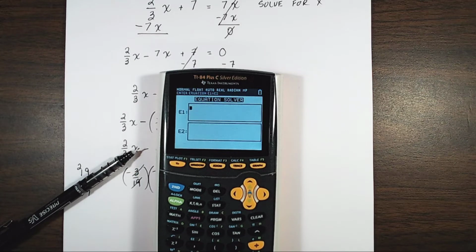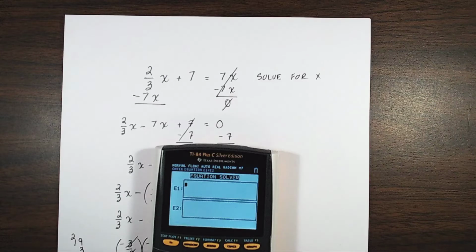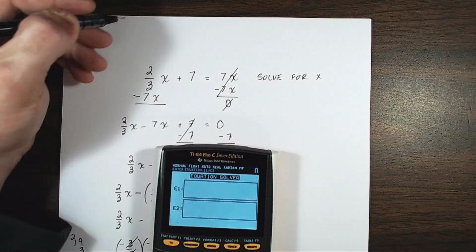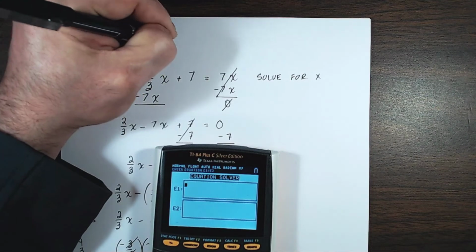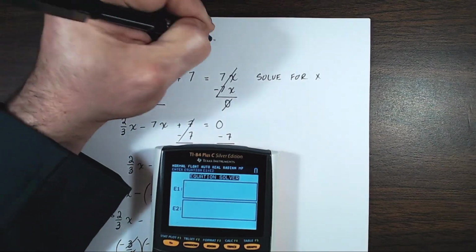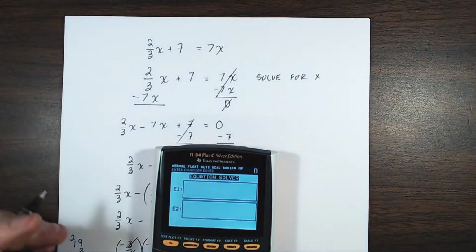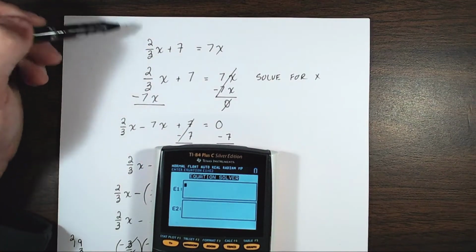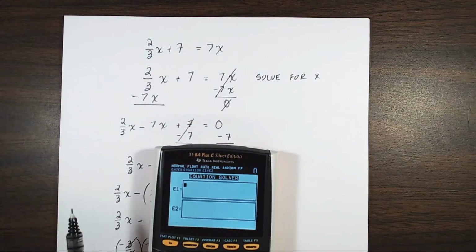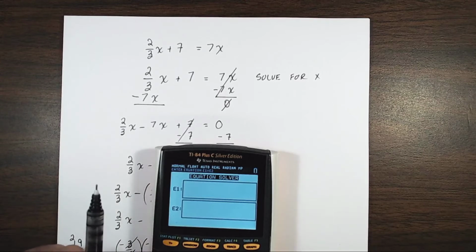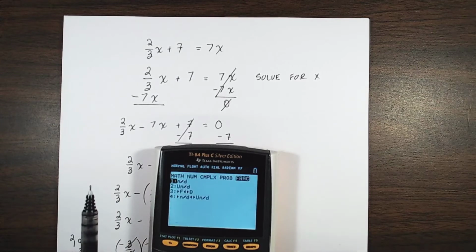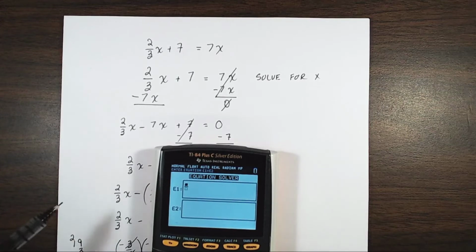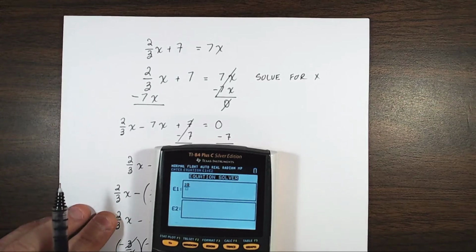We'll just put in your original equation, which was 2/3 x plus 7 equals 7x. So you're just going to put this into the calculator. So the way we do that is we're going to type it in just as it appears.